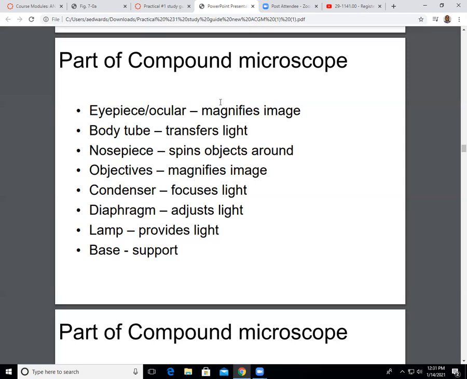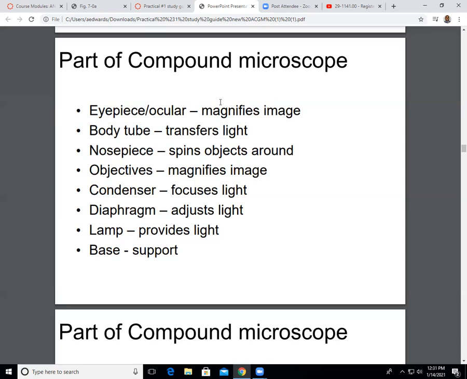I could also give you some functions and you have to match the location with its function. So you need to know both. On a practical, I might ask you to write down the name of the structure, or I might ask you to write down the function of that structure. If I ask you to write the name, give me the name. If I ask you to write the function, don't give me the name, give me the function. Does that make sense? Yes or no? Yes, no, maybe, okay. All right.